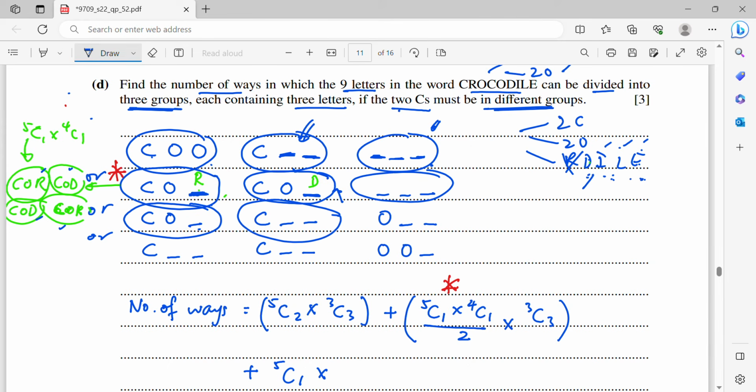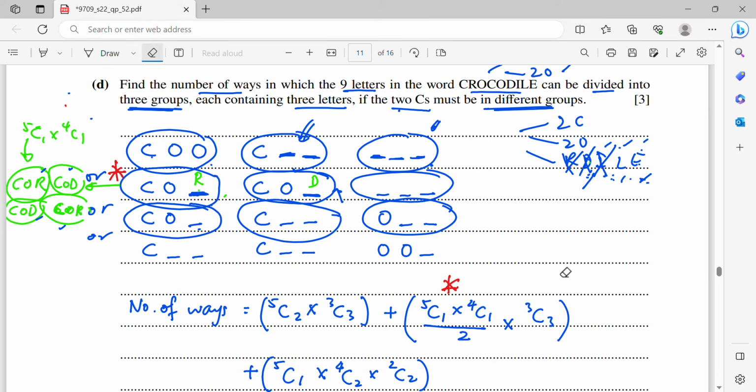Let's say, for example, I have chosen the R. So now you still have D, I, L, E. So from these 4, I need to choose 2 to be put in the second group. Then followed by the third group, I need another 2. So if you have chosen 2 just now, that means you still have 2 more left. So now 2, choose 2.